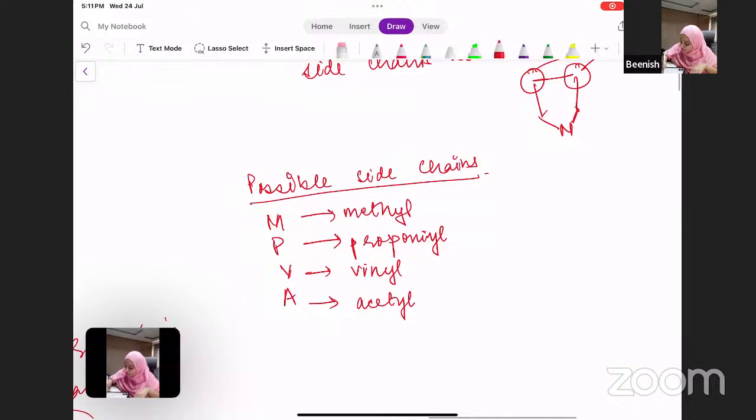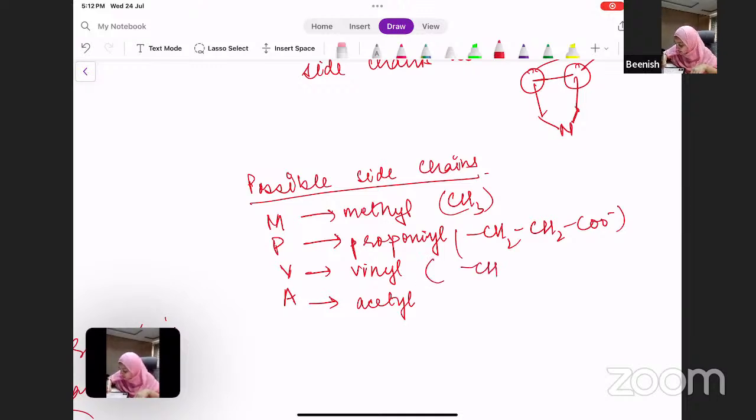Okay. Now, what is methyl? Your methyl is CH3. What is propionyl? It is CH2, CH2, COO minus. And what is vinyl? It is CH double bond CH2, and acetyl is your CH2COO minus. Okay. So these are the possible side chains.